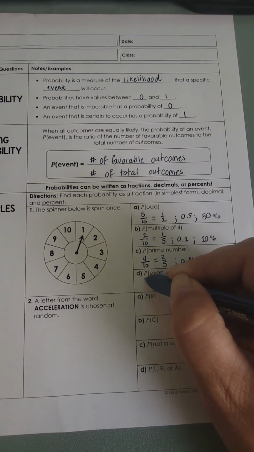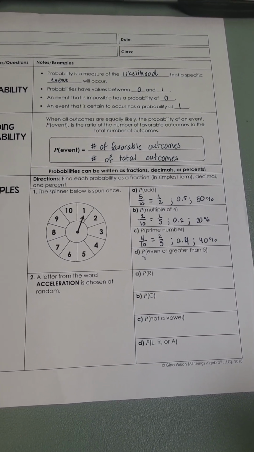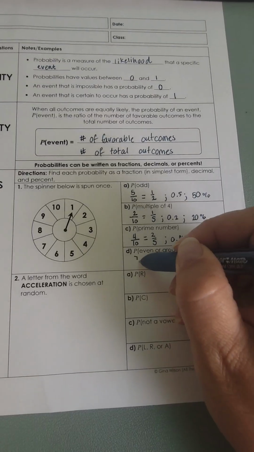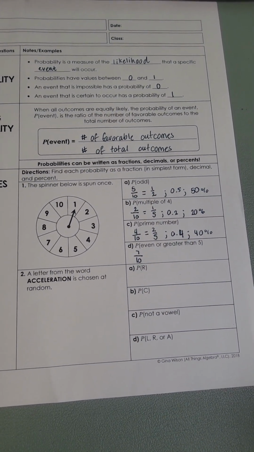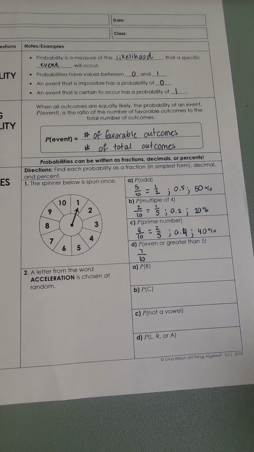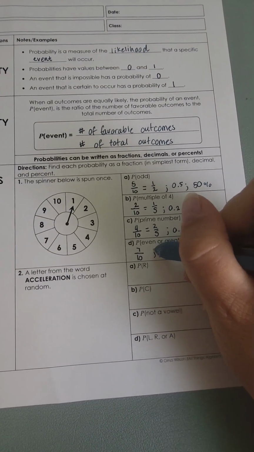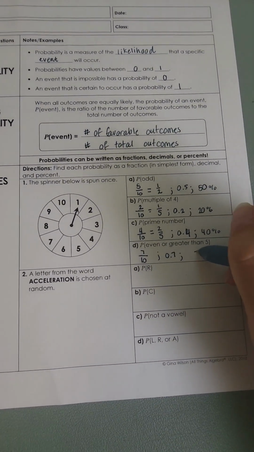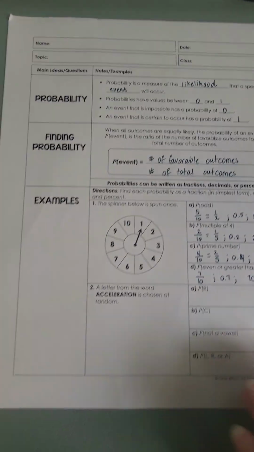So I have 7 possibilities that would complete the outcome that I want. There are 10 sections it can land on, so I have 7 to 10. I cannot simplify that fraction any further. So this is 0.7 in terms of decimals, which is 70%. This is all that is.